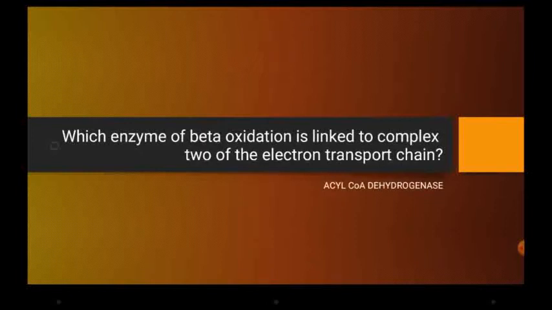The next question. Which enzyme of the beta oxidation is linked to complex 2 of the electron transport chain?